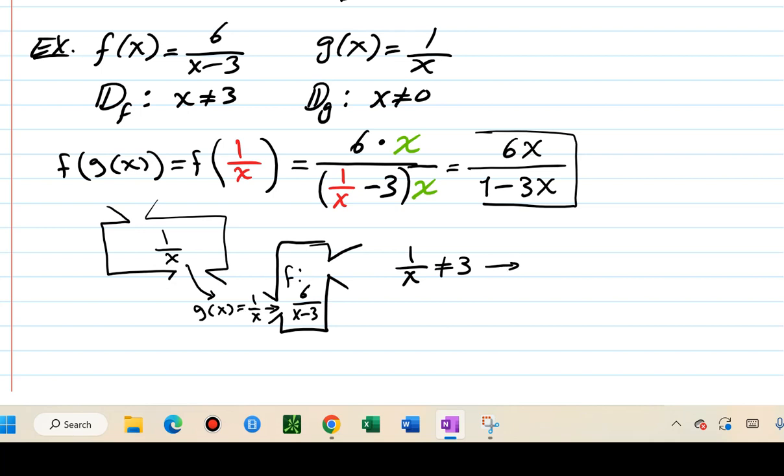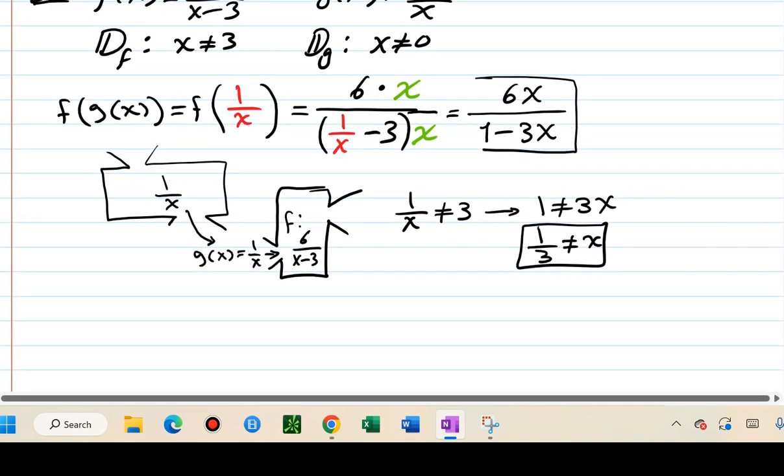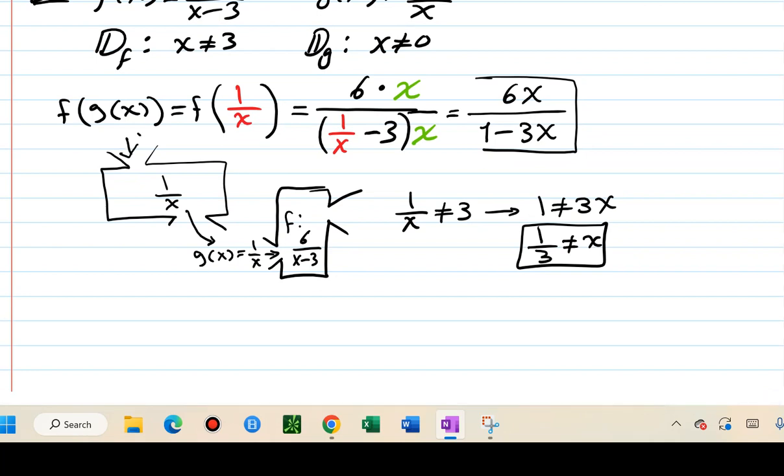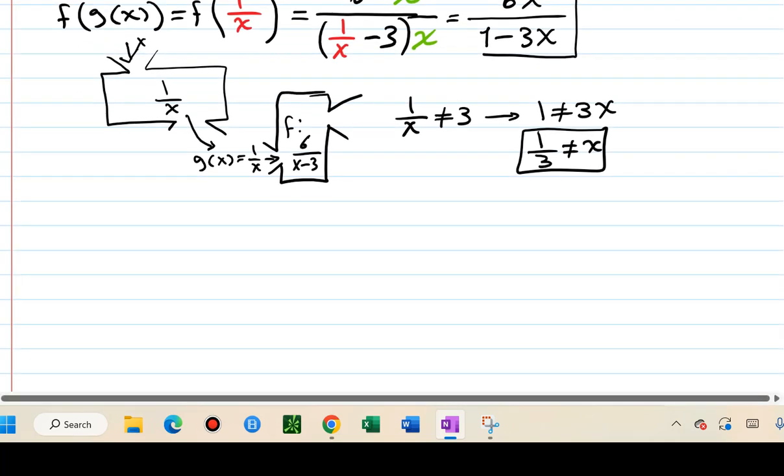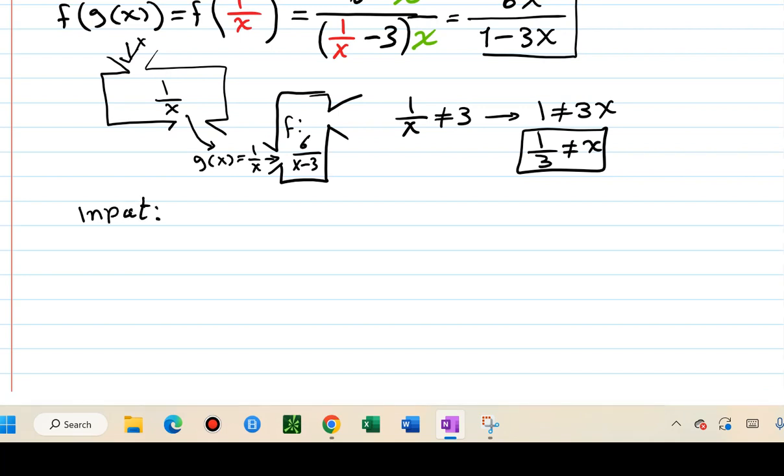So if I cross multiply and divide both sides by 3, x cannot be 1/3, correct? And you can try it. Let's actually put in a 1/3. Let's violate and see what happens. In this machine, the input is 1/3, the thing we are not supposed to have.